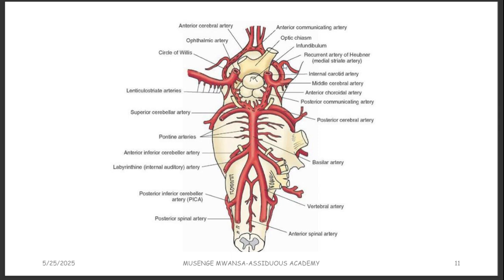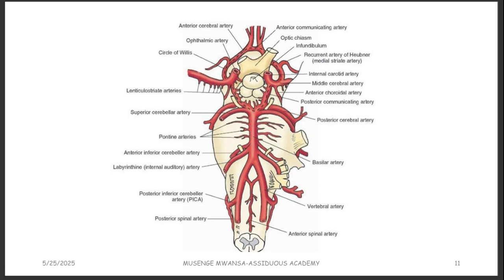And then you are also going to have the ophthalmic arteries coming also from this same internal carotid. Can you see that from the mid to just anterior here, from the anterior cerebral, we also have an artery which we call the recurrent artery of Heubner, which will give the medial striate artery. It's an important one for you to know, but for now you can forget if you want.